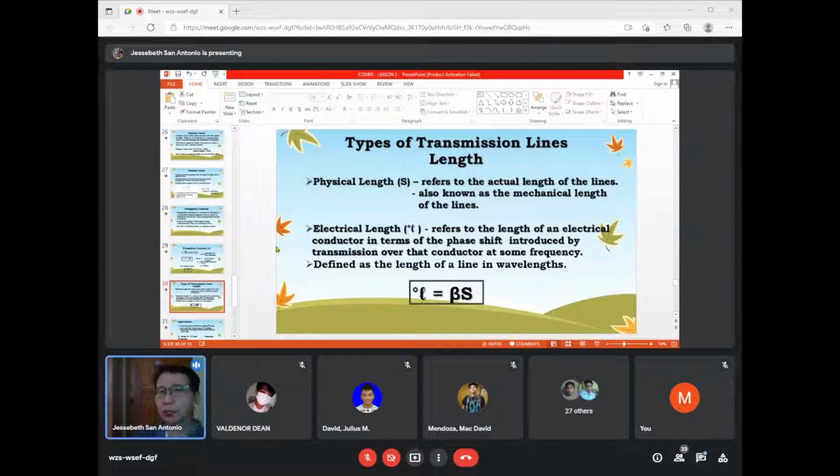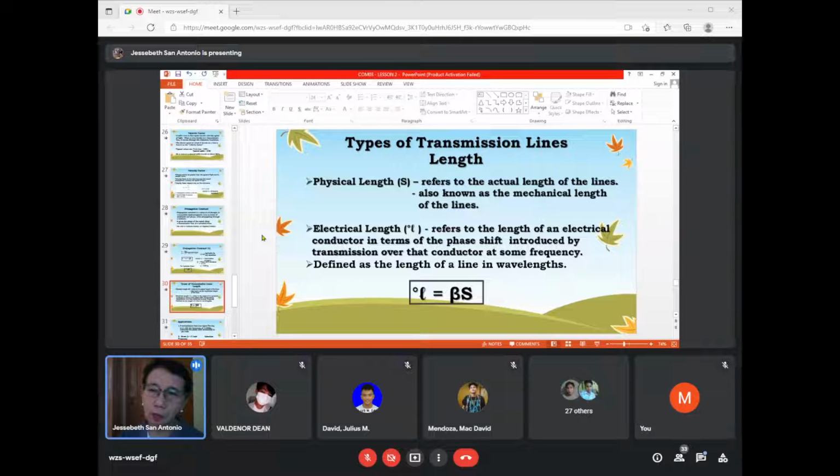Next, now we speak of the length of a transmission lines, no? Kasi minsan, take note of this, the transmission lines may be very long physically, but electrically it is very short. Or the electrically ang haba niya pero maiksi lamang yung physical length.